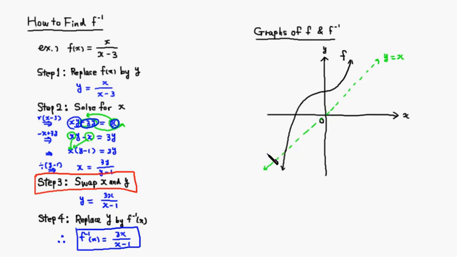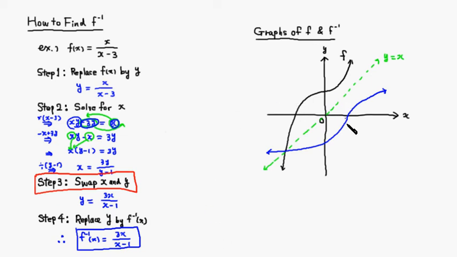I'll try my best to get the reflection going. Actually, I have to do it again. Hopefully I can do it better. So you have this. It's not the best, but it looks kind of like this.